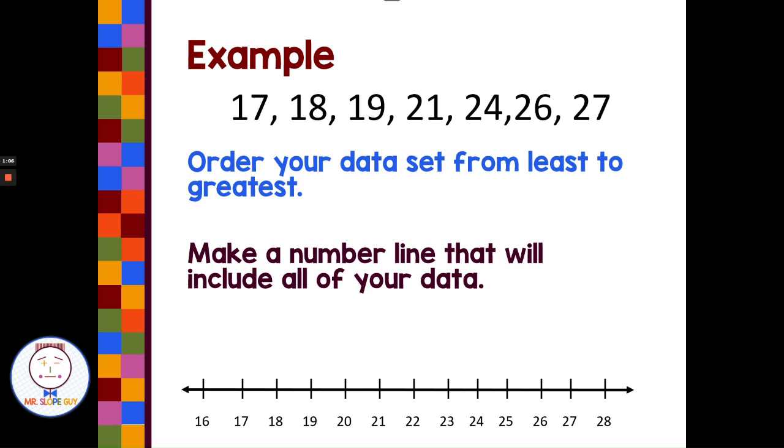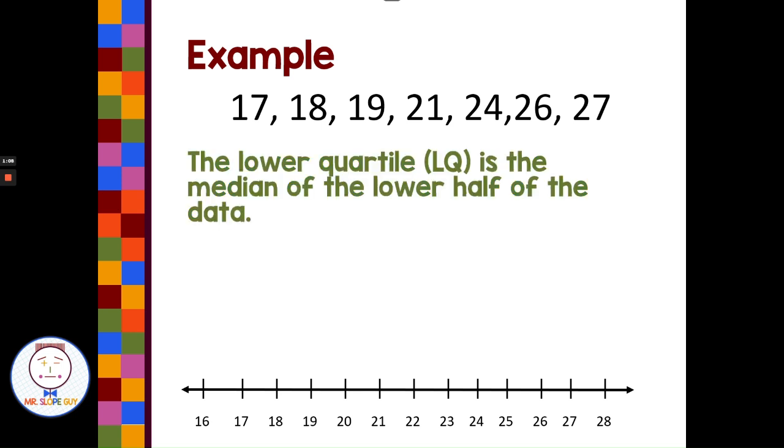And then we're going to look for key pieces of data. The first key piece of data we're going to look for is something called the lower quartile, and we abbreviate that LQ. It's the median of the lower half of the data. So with an odd amount of data, we're going to split this into a lower half and an upper half, and we're going to find the median of this lower half.